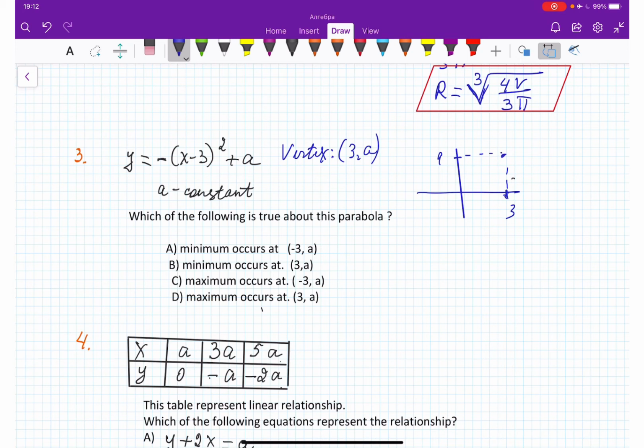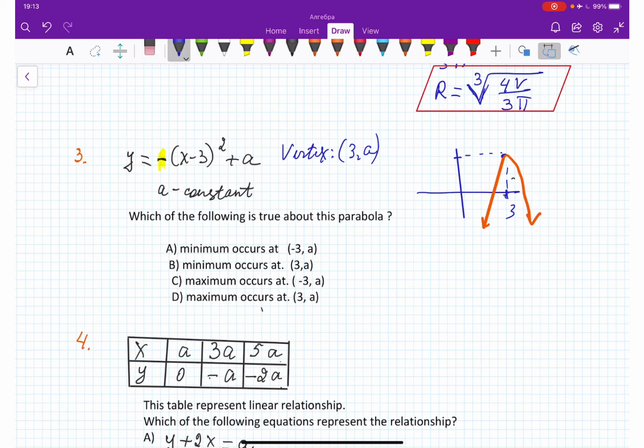Now, since we have a negative sign in front, that means it's going to be a maximum because the parabola is going to look down, right? Which means it's going to be maximum at the point 3 and a. This is your a.